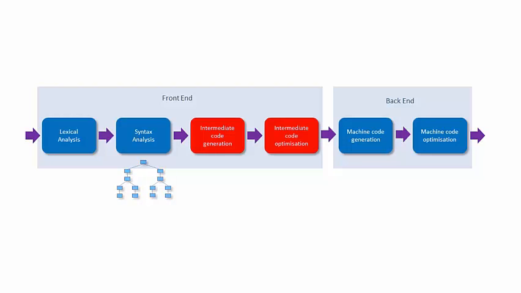Then it might combine information obtained by traversing the abstract syntax tree with information from the symbol table and generate another intermediate representation of the source code, a sequence of elementary program steps that look like assembly code. 3 address code is an example of an intermediate code representation.